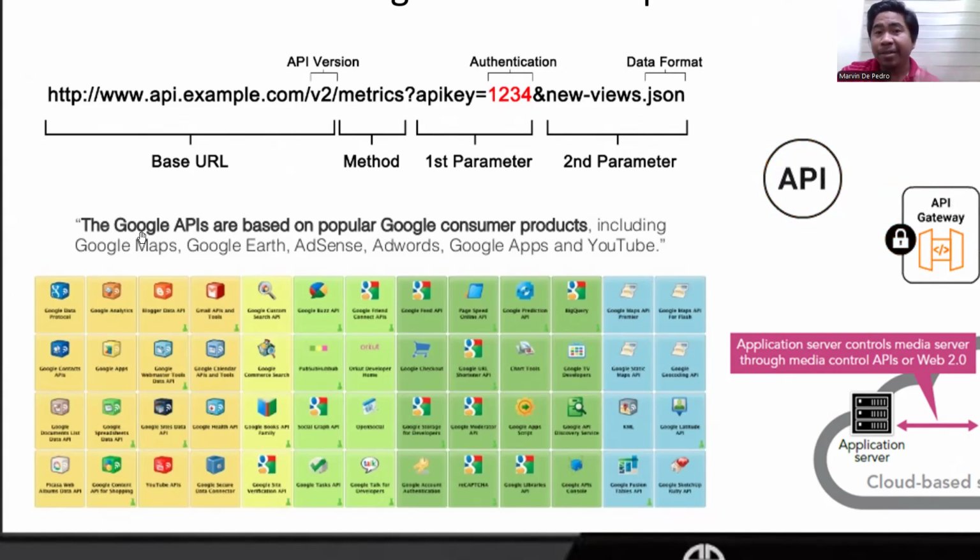So we can make use of APIs to access those applications so that they can be connected with ours. For example, if your robot requires some mapping features, then you can use the Google Map API, which is free, as long as you go through the necessary process of acquiring the API key for that.